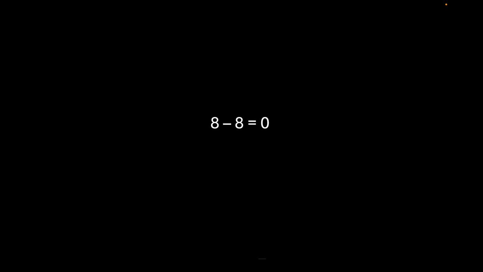This changes in the 7th century, when the Indian mathematician Brahmagupta introduces 0 as a number and defines arithmetic rules for it. For example, 8 minus 8 equals 0. 8 plus 0 equals 8. 0 becomes a true mathematical object.